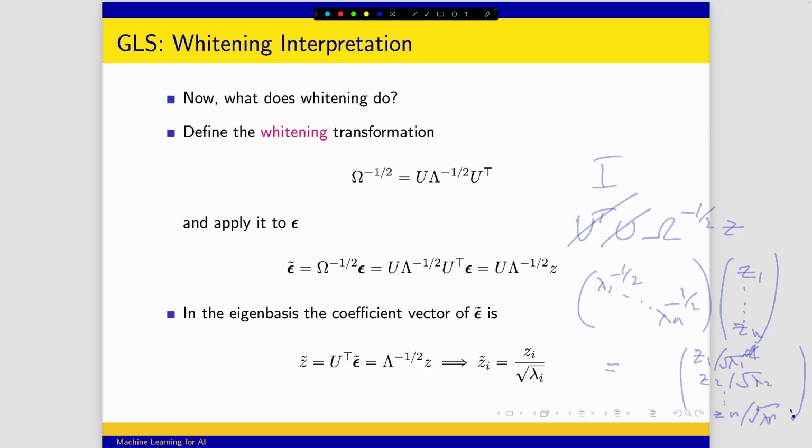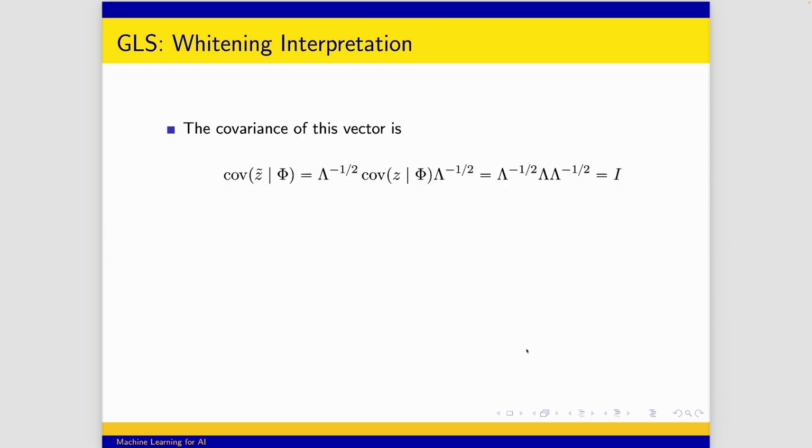So the ith coefficient of this is given by the ith coefficient of the original coefficient vector of epsilon in the eigenbasis divided by the square root of lambda i. So with this whitening transformation, we're rescaling the eigenbasis representation by dividing by the square root of the variance in the direction u_i, which is what this coefficient corresponds to.